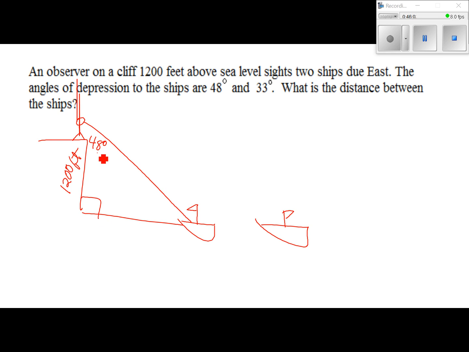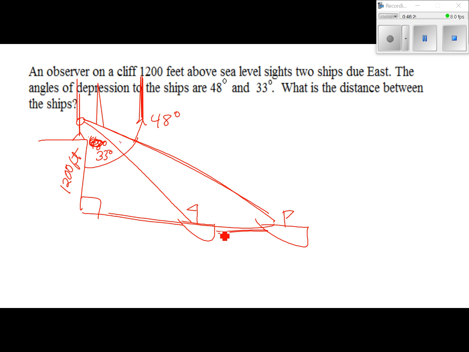Angle of depression, sorry, that should be 33 degrees, closer ship. Angle of depression to the ship that's farther out here is going to be 48, so this whole thing right there is 48 degrees. Sorry, my pen's messing up so bad. We could find this angle if we needed to. We don't really need to.